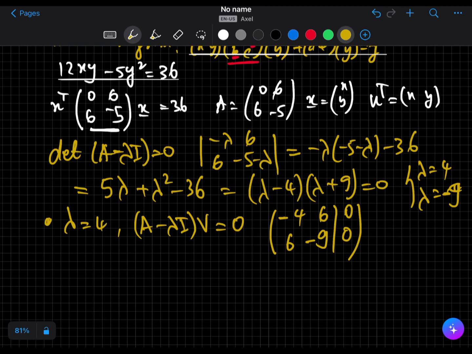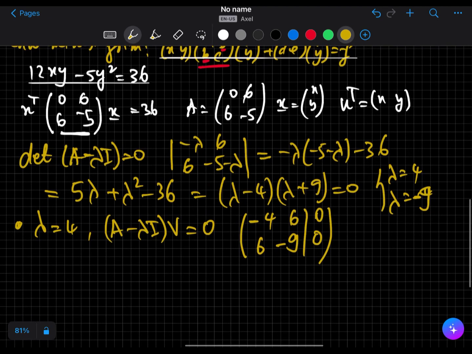Then if you apply the Gauss reduction method, I can simplify this. If I divide the first row by minus 2, I will have 2, minus 3. If I divide the second row by 3, I will have 2 and minus 3. So I will have this.